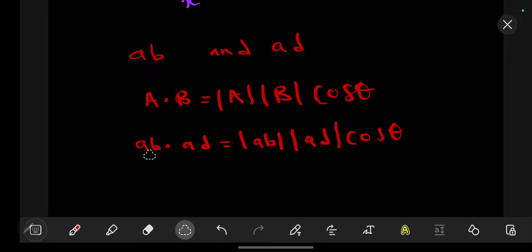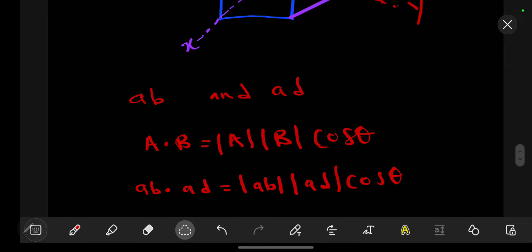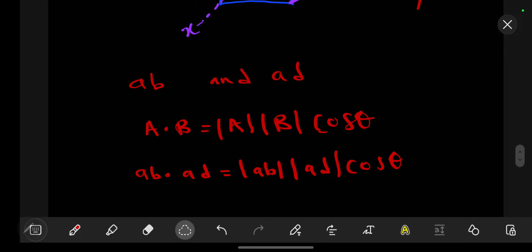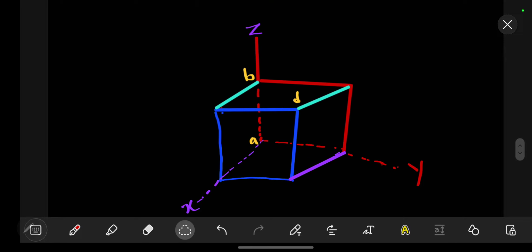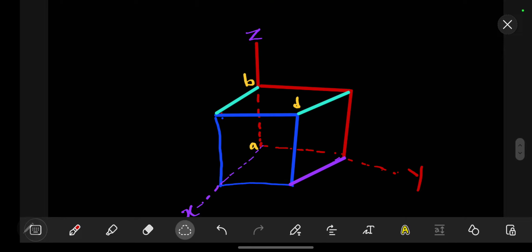So the first thing is we need to find the dot product of this. However, we need to also find what our AB is actually equal to. So let's just do it side by side. Our AB here, if you look at your AB, it is from this point to this point, coming from down to up.